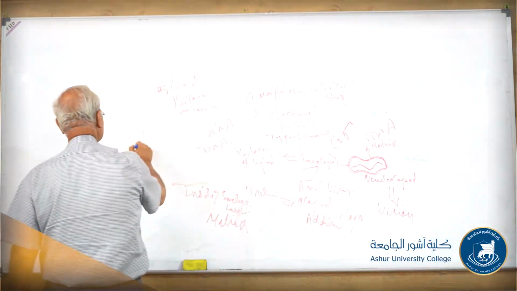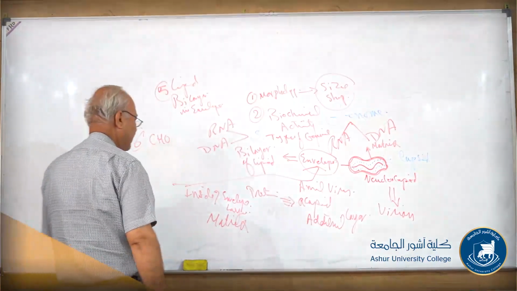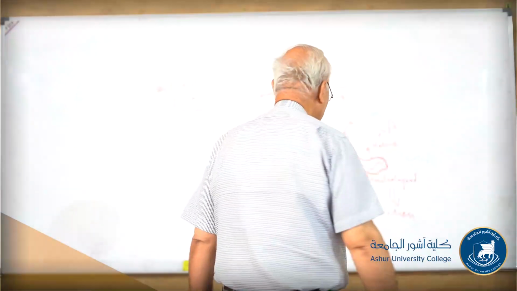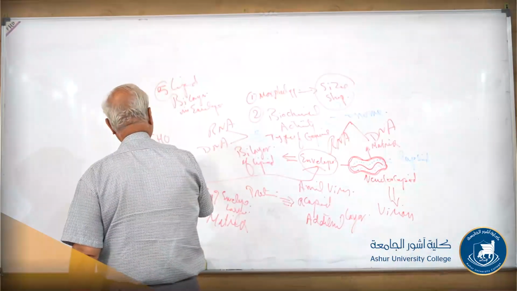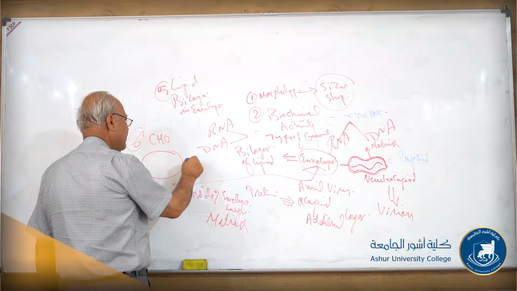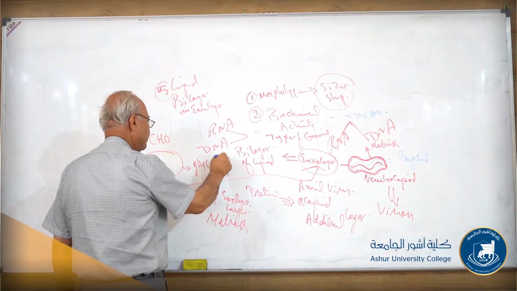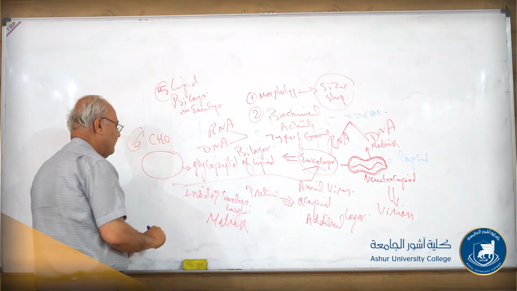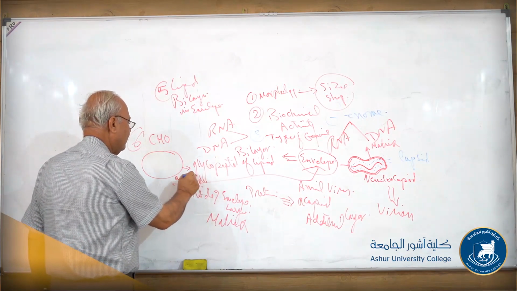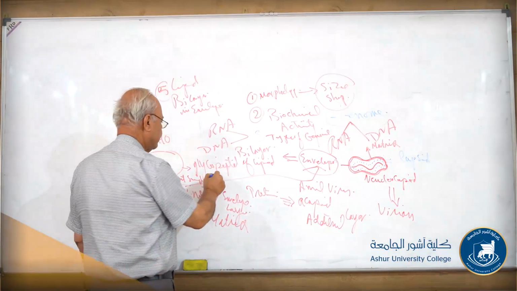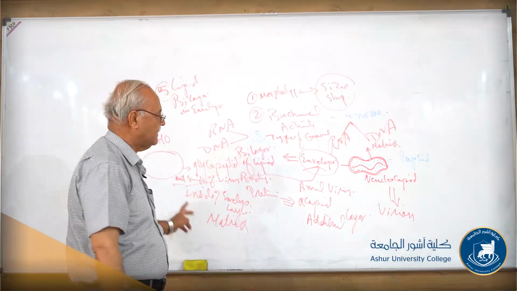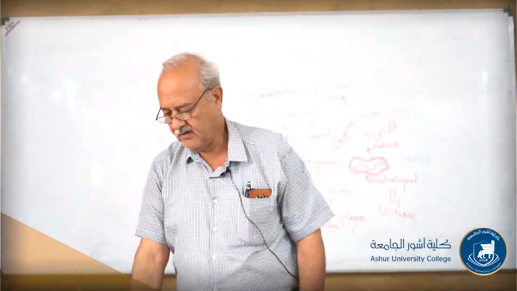Carbohydrate is the main constituent on the outside of the virus, usually glycopeptide. This glycopeptide covers the outside of the virus body. Later on we will discuss the function of these layers.